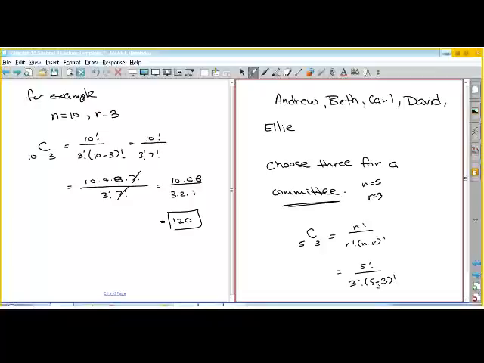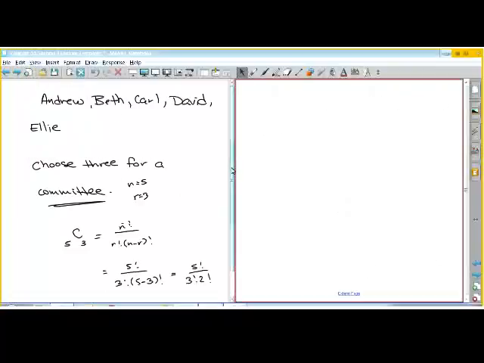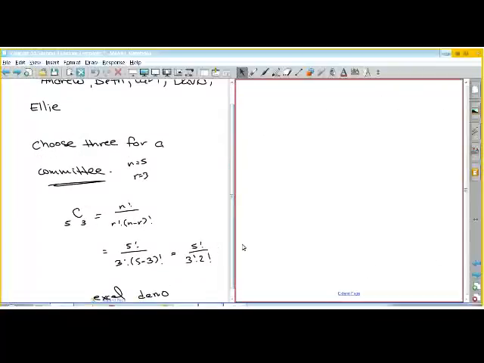So what's the first thing that I would do to simplify this thing? Parentheses. That's order of operation. So the first thing you're going to do is you're going to do the math in the parentheses. So you're going to have 5 factorial divided by 3 factorial times 2 factorial.